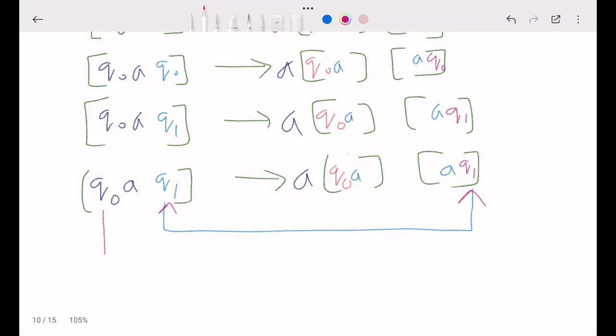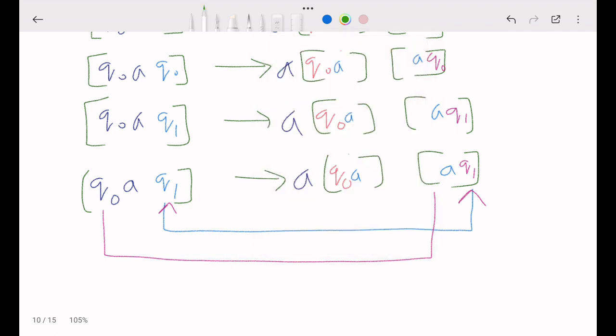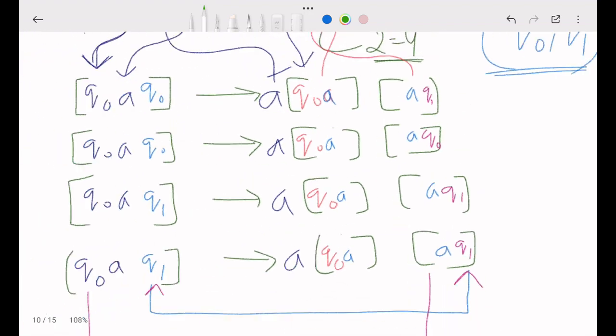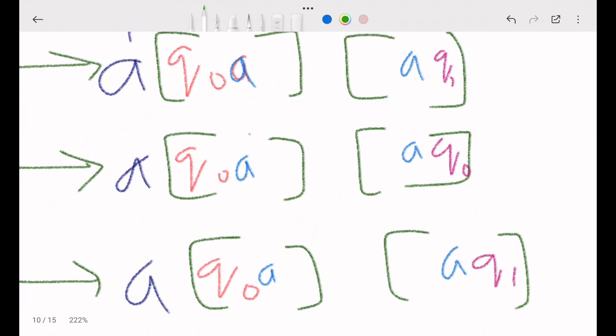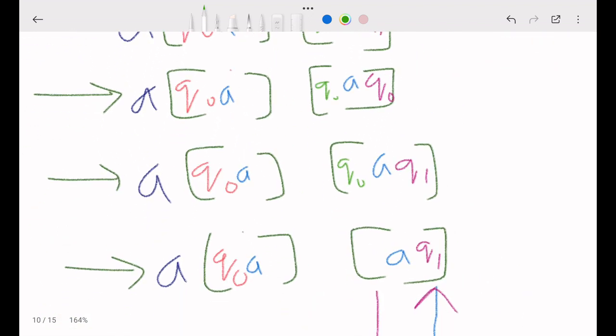So now next, the first one. What is the first one? This first one you have to write here, using another color again so it is very easy to understand. My first one is Q0 and Q0 and Q0.